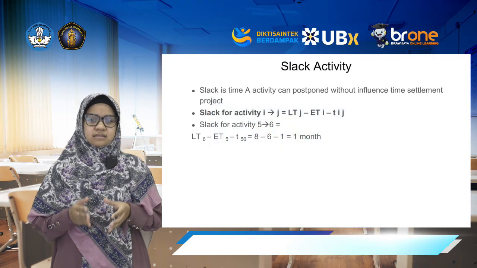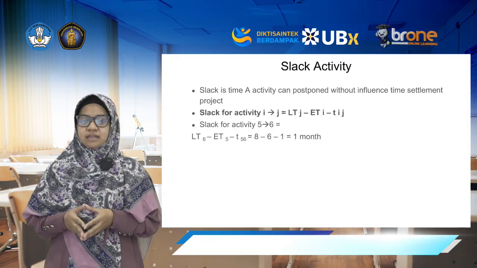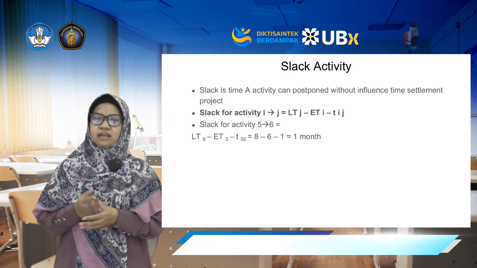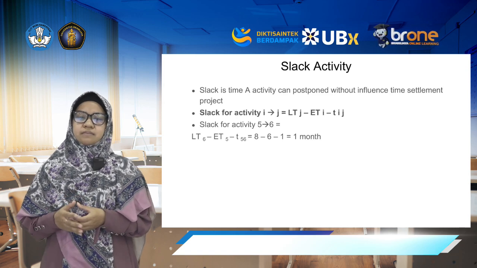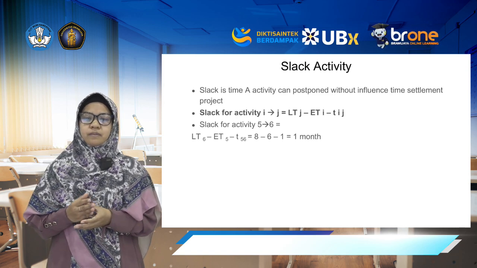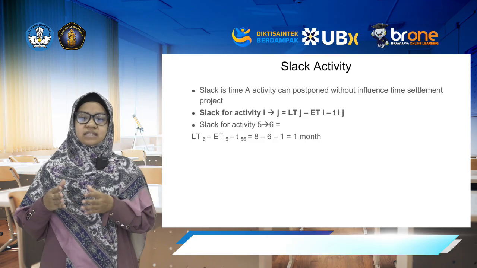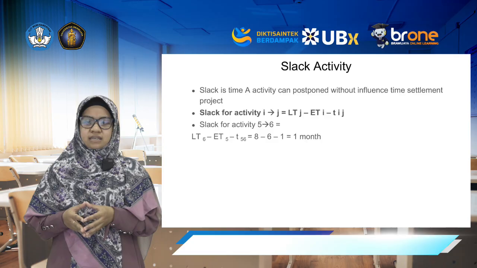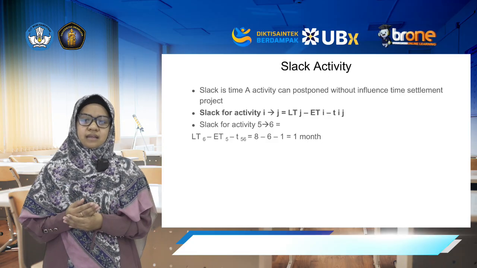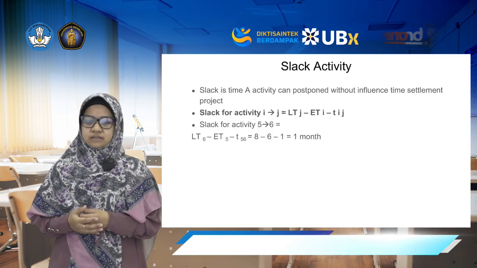Slack tells us how long an activity can be delayed without delaying the project. A simple rule: slack equals LS minus ES, or LF minus EF. If slack is 0, the activity is critical. The chain of zero-slack activities is the critical path. That path length is the project duration.